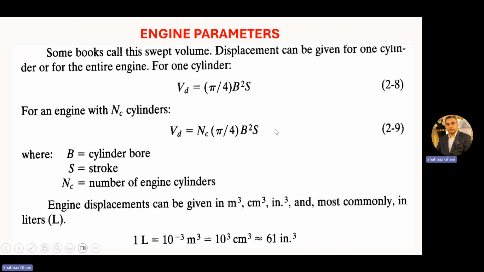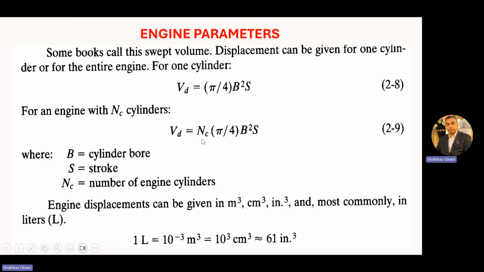Most of my students make this mistake. When I give the example or the question, the volume of the engine is 3.6 liter, it is the complete volume of the engine, not a single cylinder. So you have to cater for the number of cylinders inside the engine.